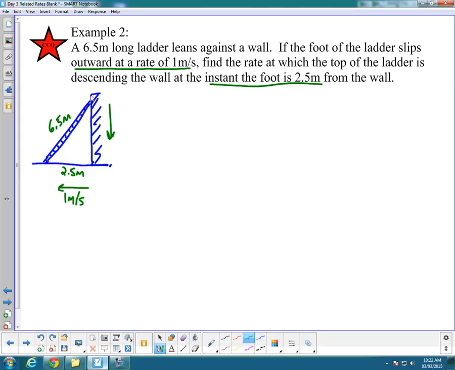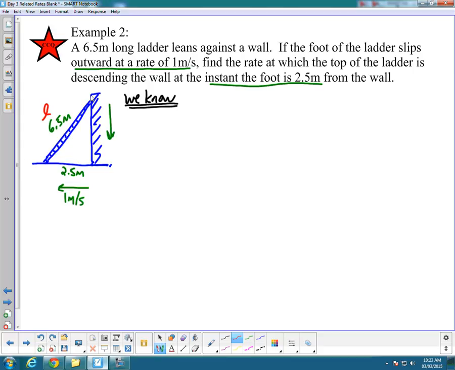Again, it's important that we start with our list of what we know. And to do that, we need some letters to help us. So I'm going to use L for the ladder.